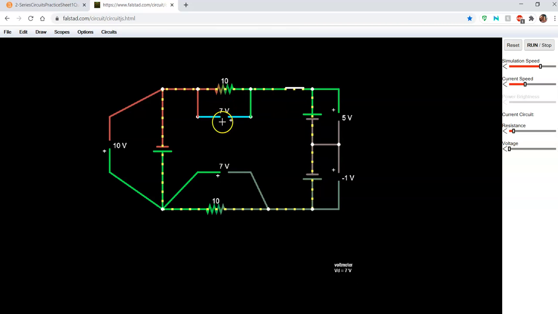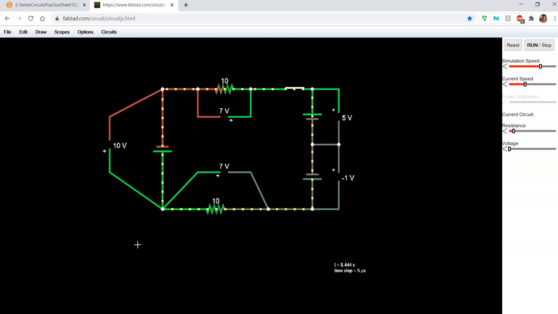From the actual resistors, we can see that the total output voltage is equal to 14 volts. So let's see if that is true. 10 plus 5 is equal to 15, minus 1 volt on this power source is equal to our 14 volts.